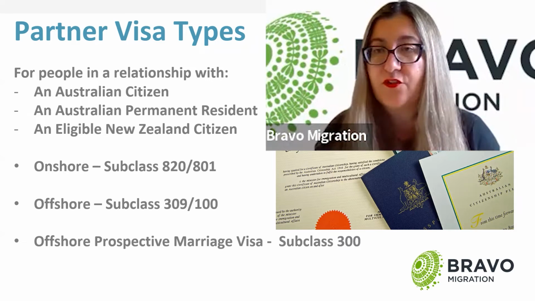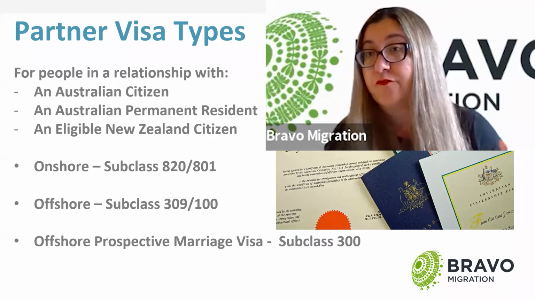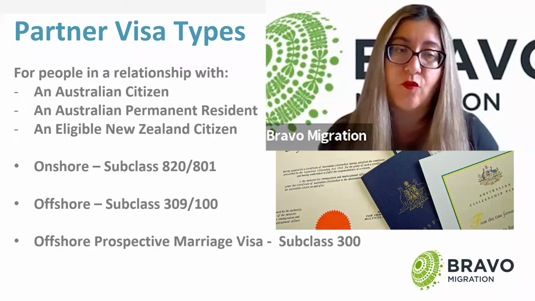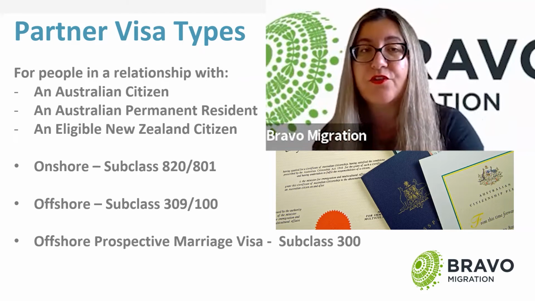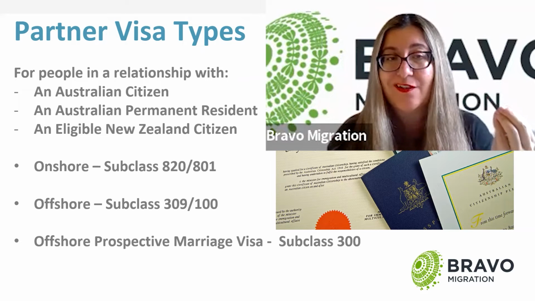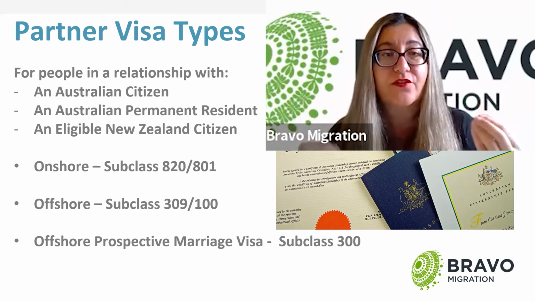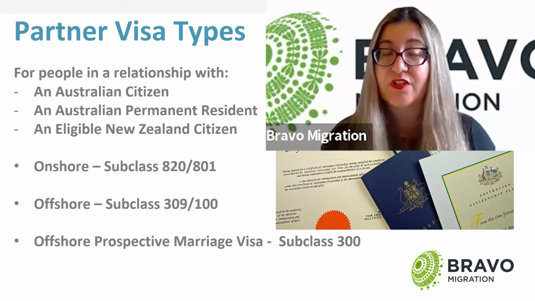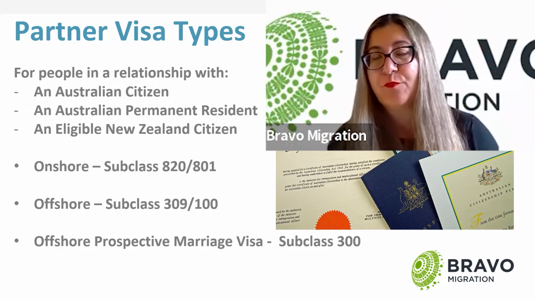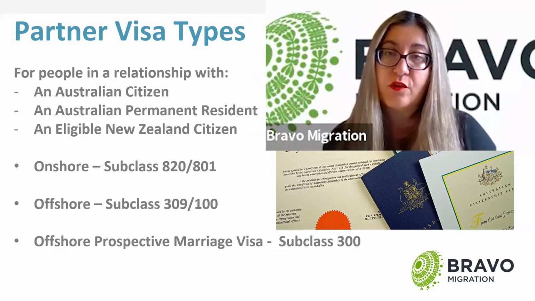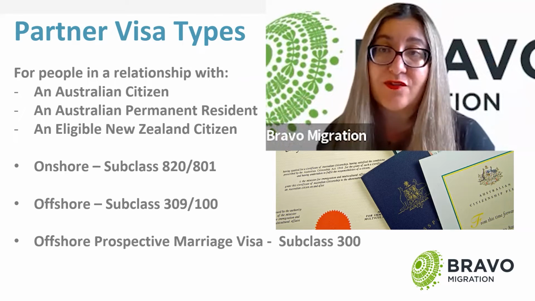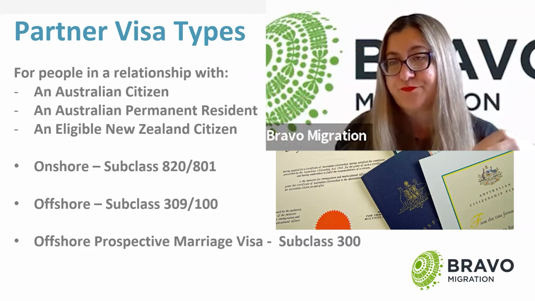So regardless of which partner visa you qualify for or you want to apply for, the partner visa is only for people who are in a relationship with an Australian citizen, an Australian permanent resident, or an eligible New Zealand citizen. An eligible New Zealand citizen is someone from New Zealand who moved to Australia before the year 2001 and was settled here.